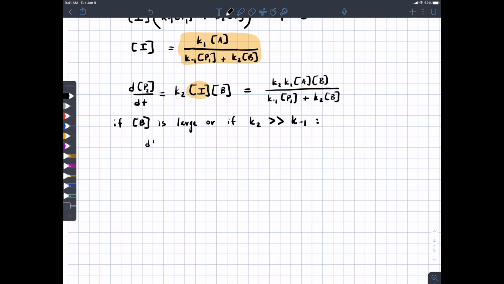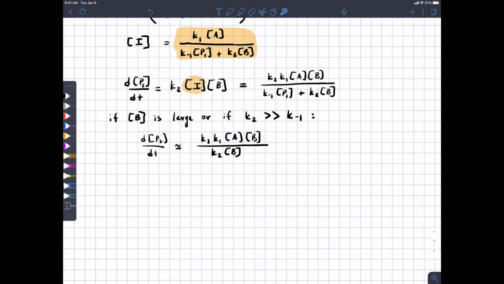Well, then the rate of appearance of product should equal, and the numerator stays the same, but if K2 is much larger than K minus 1, and or if B is much larger than P1, this term dominates the denominator, and we can say that the rate of change is basically equal to this, where we drop the k-1 term entirely.